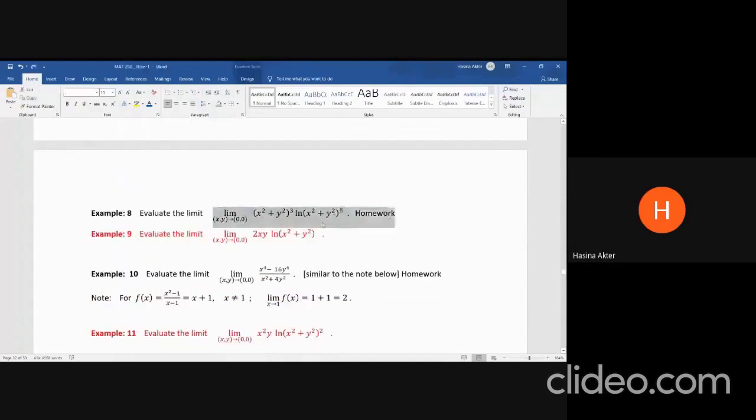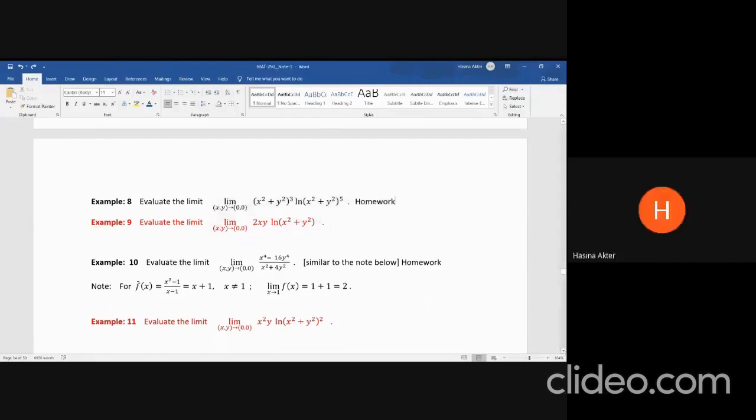You can do it by setting z equals x square plus y square, or r equals square root of x square plus y square. It doesn't matter which method you apply. I'm not going to do number 8, but definitely I'm going to do number 9, and you will do number 11 for me. You may choose 9 or 11. Which one is yours?